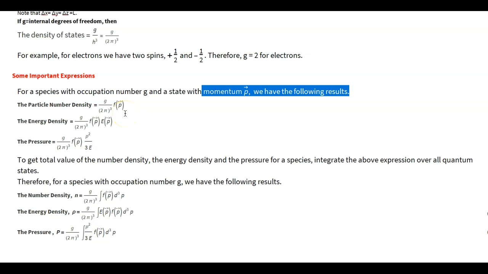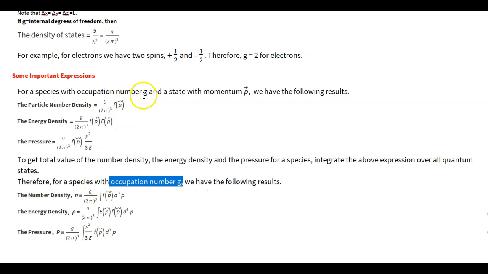So we need to take the sum of these values corresponding to all momenta, so corresponding to all states. These three expressions were corresponding to one state with momentum p. Now we are going to integrate over all possible values of momentum. So we will perform this integral to get these results for a species with occupation number g.